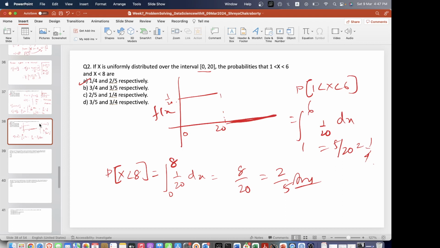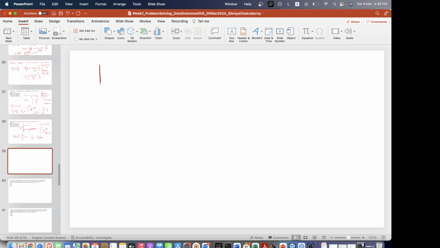Means probability at less than 8 from this step. Okay. So, probability X less than 8 is actually the area under the curve of fx in the range, wherever the range starts from, till 8.